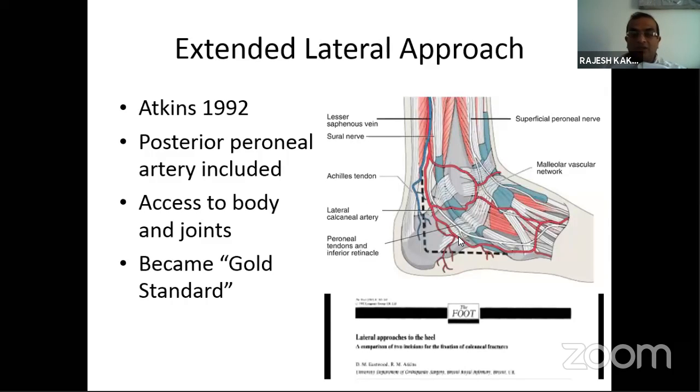Now, the gold standard for surgical approach to the calcaneum has been the extended lateral approach, which was described by Roger Atkins in 1992. It caters to the posterior peroneal artery blood supply to that area of the skin.